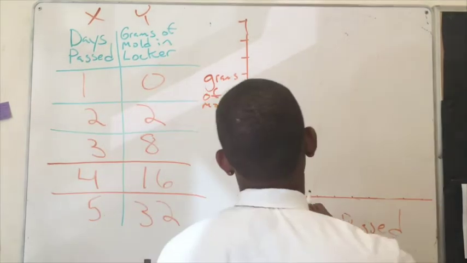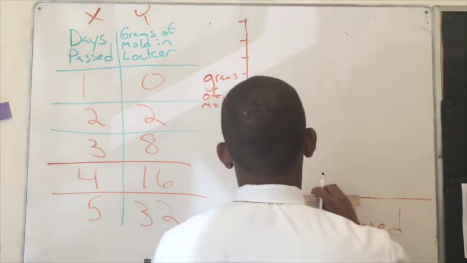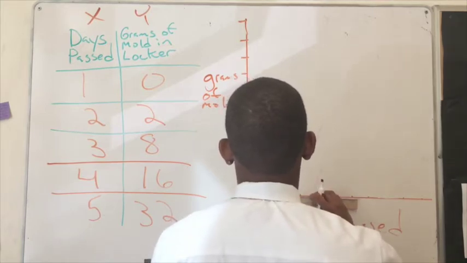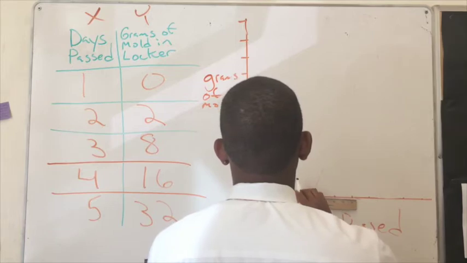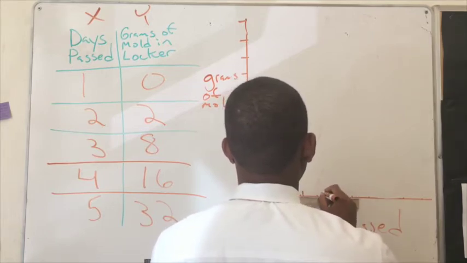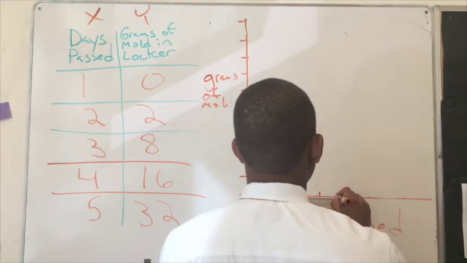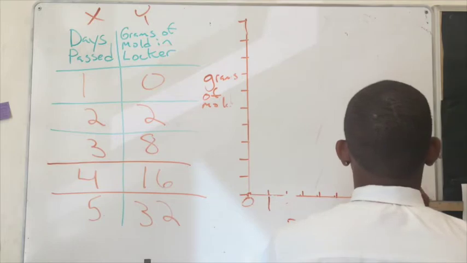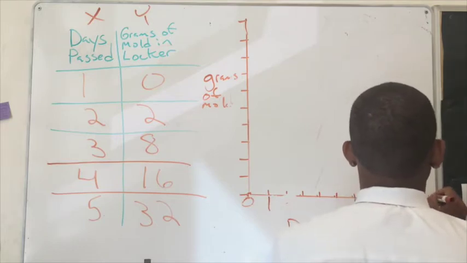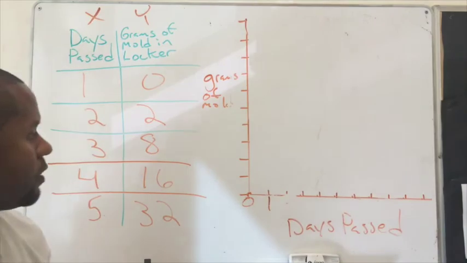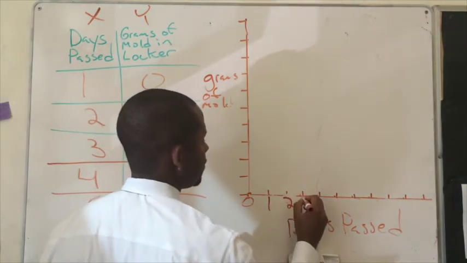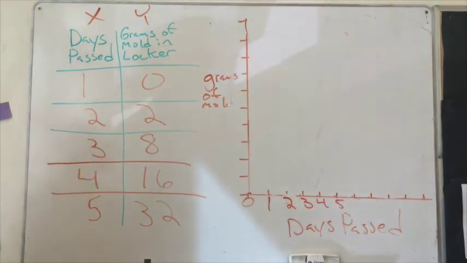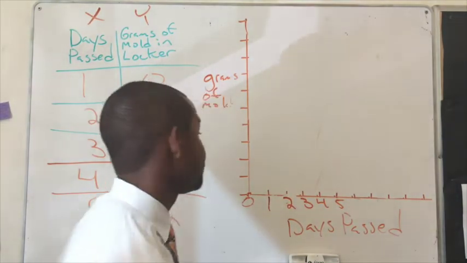Let me fix it. 2 inches, 4 inches, 6, 8, 10, 12, 2, 4, 6, 8. Okay. So again, I'm going to count by 1. So we go 1, 2, 3, 4, 5. Notice my information only goes to 5, so that's all I'm going to put in there.